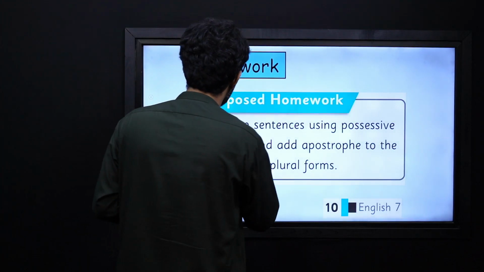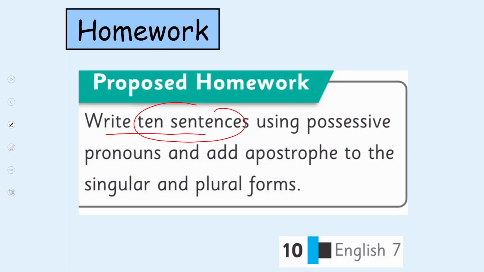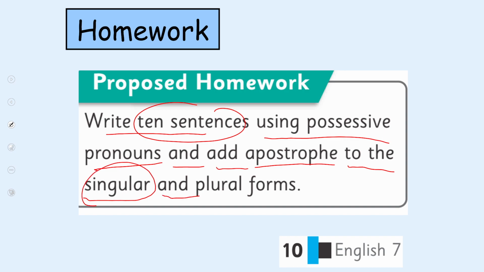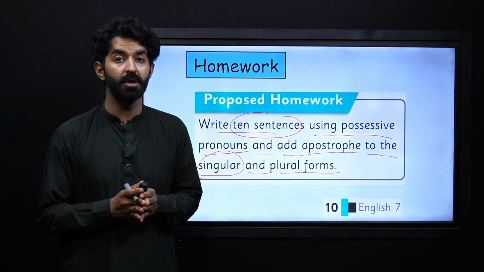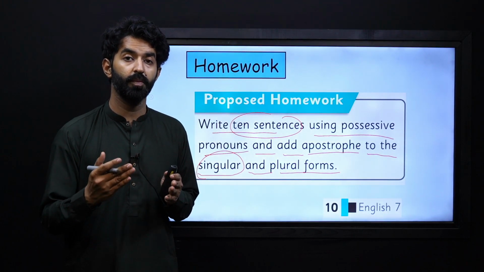On page 10, write 10 sentences using possessive nouns and add apostrophe to the singular and plural forms. So for your homework, you have to use both singular and plural nouns to show possession.